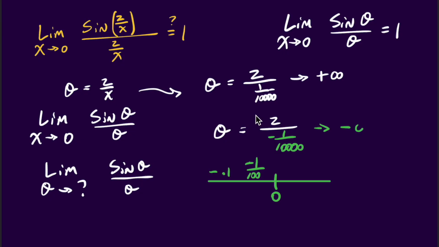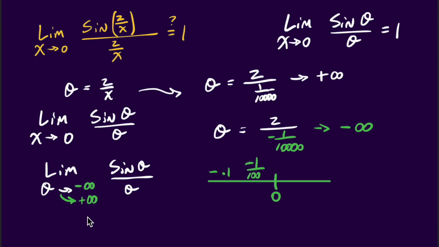This blows up to negative infinity. So folks, theta is either going to positive infinity or negative infinity, but in both cases, we will find that this limit equals 0.